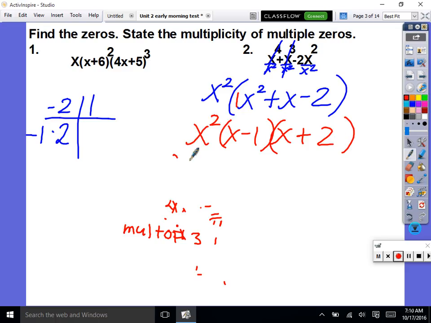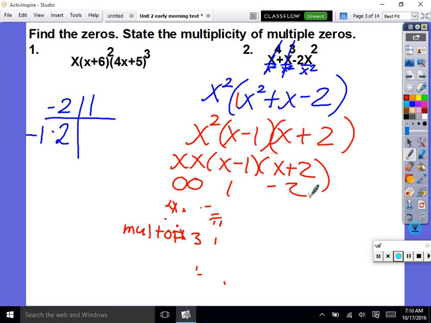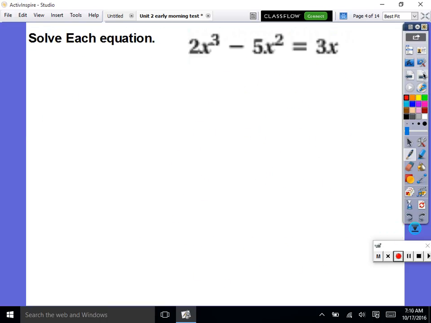Isn't x squared just x times x, you guys? So think of it like that instead of doing something weird. So we get 0, 0, 1, and negative 2, correct? So we'd say x equals 0 with multiplicity of 2, and x equals 1 and negative 2, correct? Everybody good? Okay, that should be an easy part of the test.